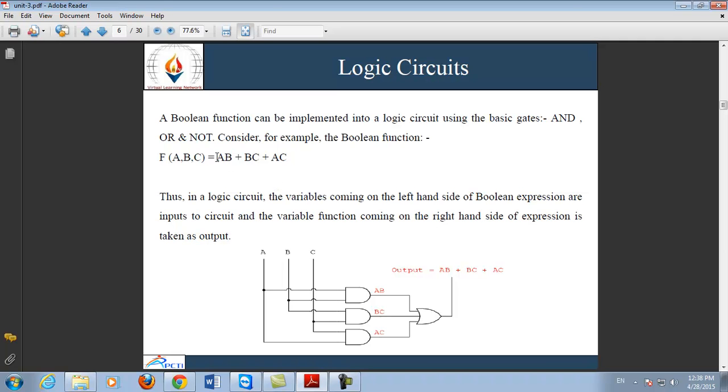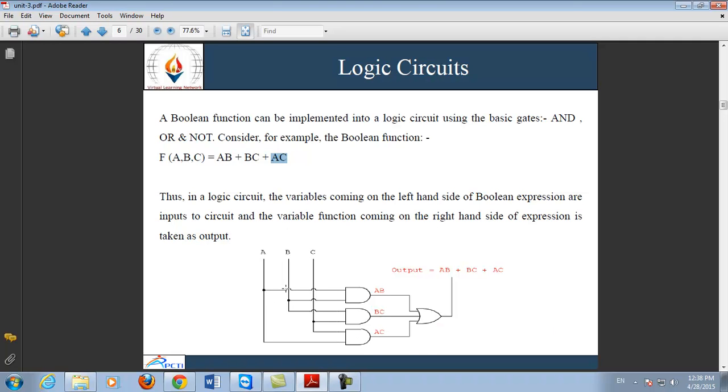Now, see AB, it means an AND gate will exist between A and B, then BC for B into C, again the AND gate will exist, and for AC again the AND gate will be used.